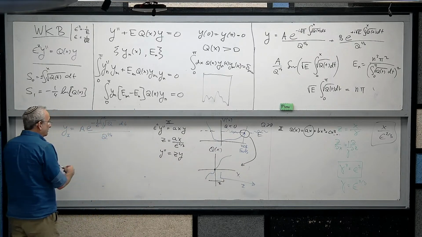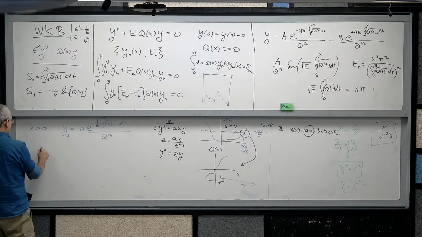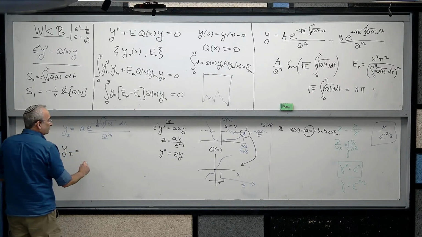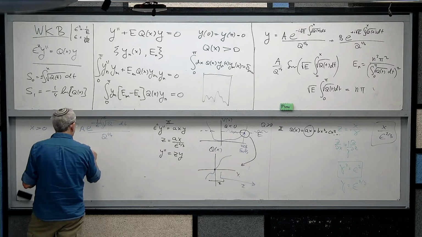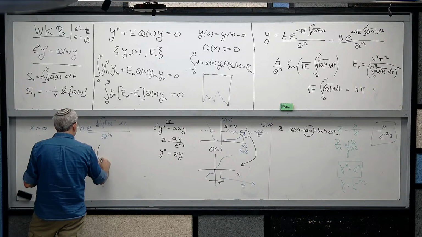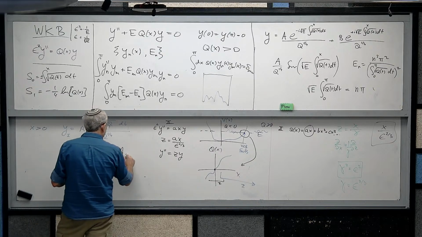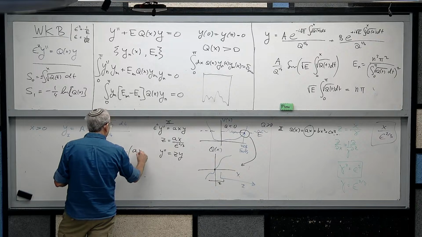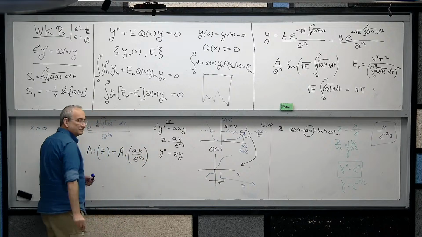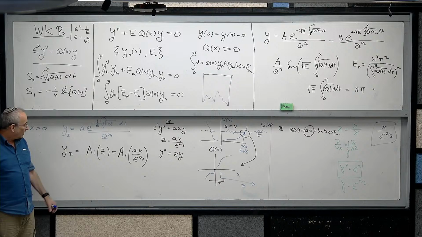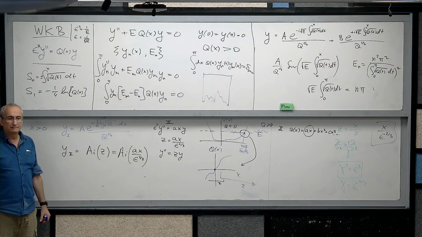So now I know that in region number 2, y2 is Airy of z, meaning it's Airy of ax over epsilon to the 2/3. Now, why am I not taking Bairy?